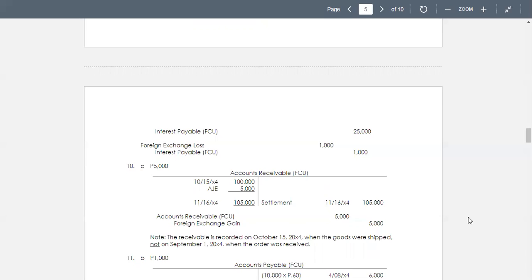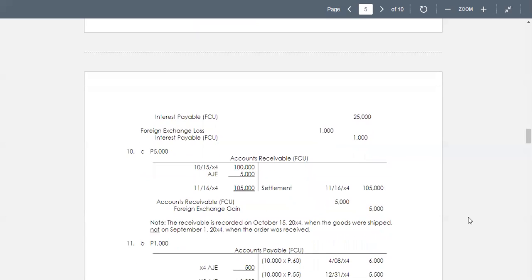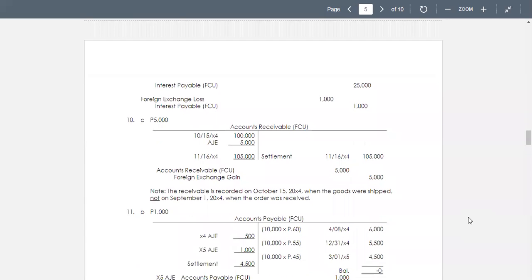Next, 11. TT should report a gain of. So how much gain should be reported? If you have the accounts payable, on April 8, we have a credit. December 31, balance sheet date, we have a credit. And on March 1, we have a credit.